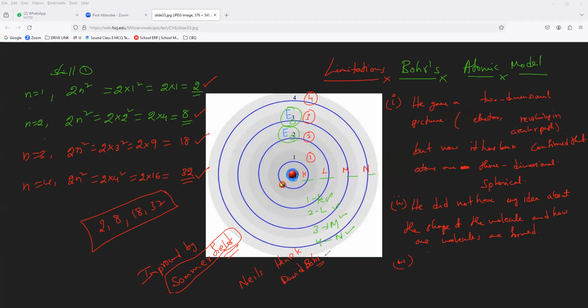Is it okay, guys? All of you? Yes, sir. Niels Henrik David Bohr. His full name. Just nothing important. Just if you are interested, you can learn. Okay, everyone?